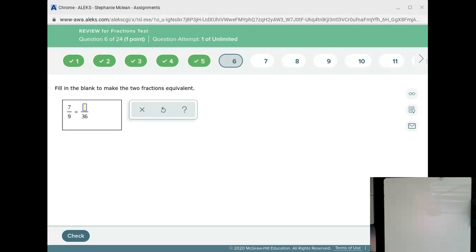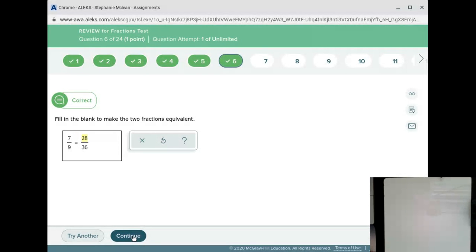Okay, so 36, they multiplied 9 by 4. Therefore, we have to multiply the top by 4 as well. So 7 times 4 is 28. Okay.